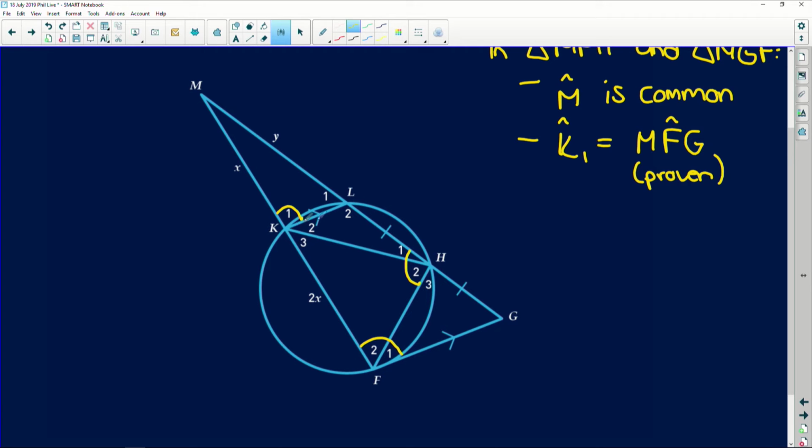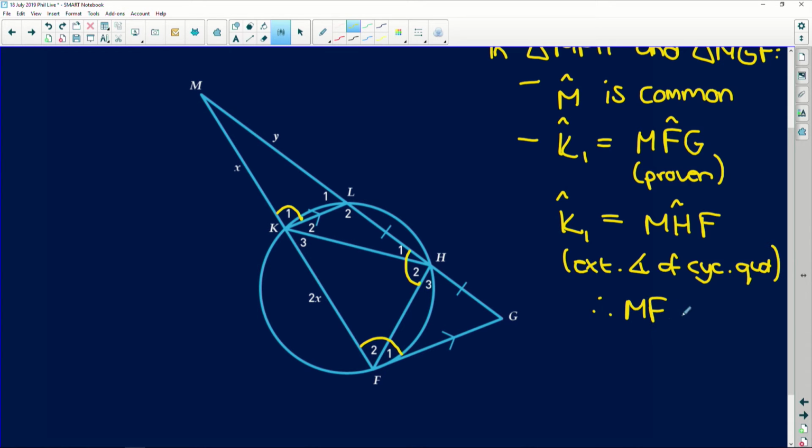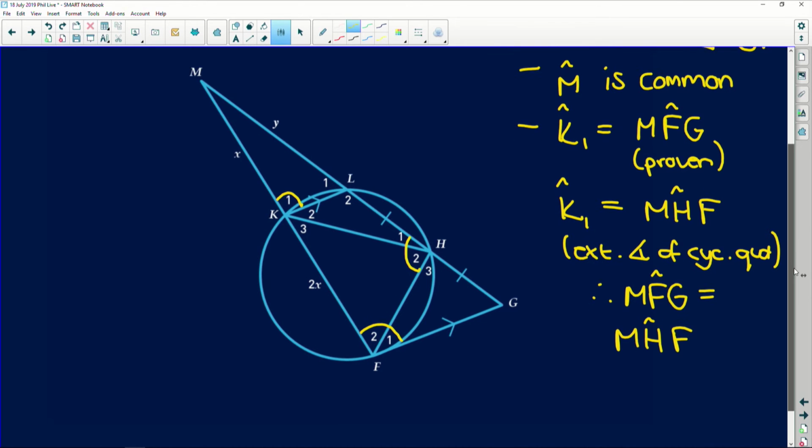And then you can say K1 is also equal to MHF because of external angle of a cyclic quad. And therefore, angle MFG is equal to angle MHF. Okay, so we've proved two of the angles are equal to each other in the triangles.